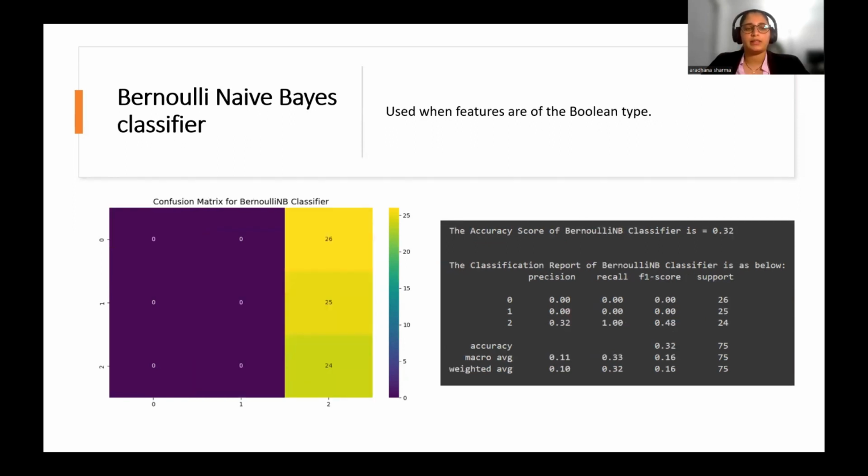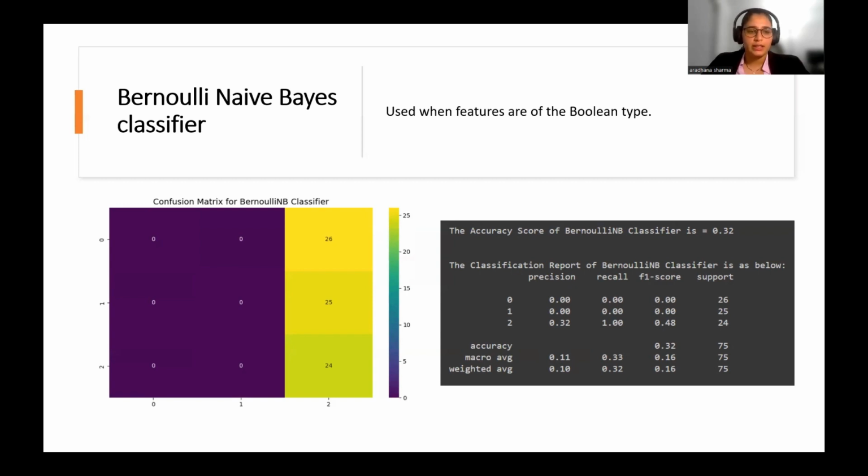The third naive Bayes classifier is the Bernoulli's naive Bayes classifier. This classifier can be used when features are of Boolean type. We use this classifier for classifying the Iris dataset, and here are the results. Class 1 had 0 accuracy. Class 2 had 0 accuracy. Class 3 had 0.32 precision.